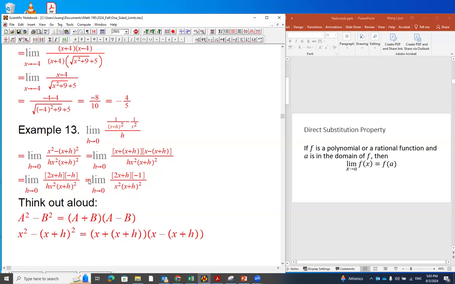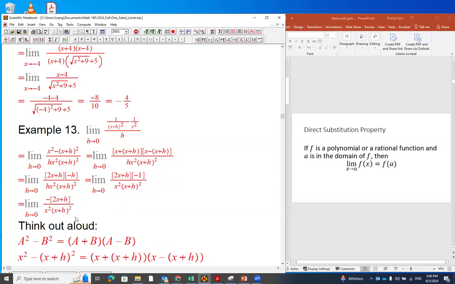So reducing the h will take away this h. So near the end, let's see what we get. So this is a negative 1. So I'm going to put the negative sign in the front. h is gone. So we no longer have that situation that may cause the denominator to equal 0. So the next step would just be a direct substitution, substituting h, because we're taking the limit on h.